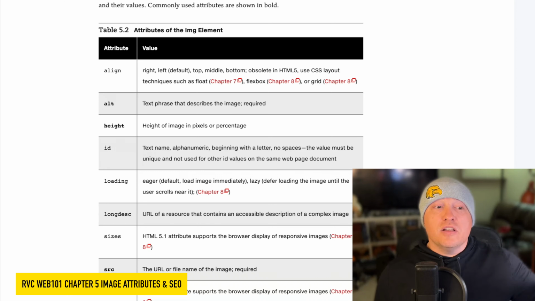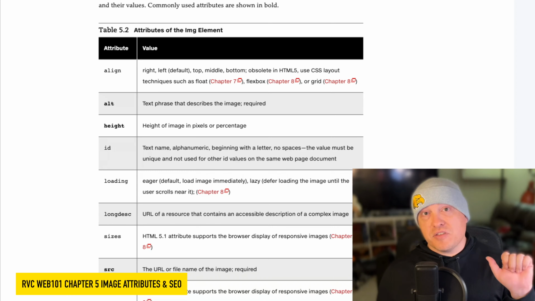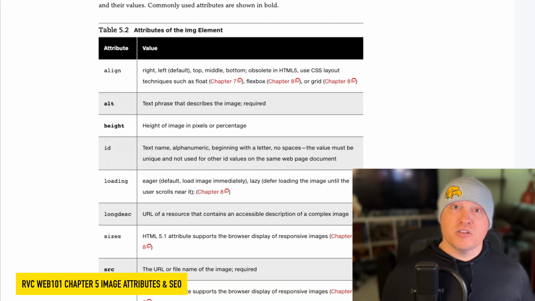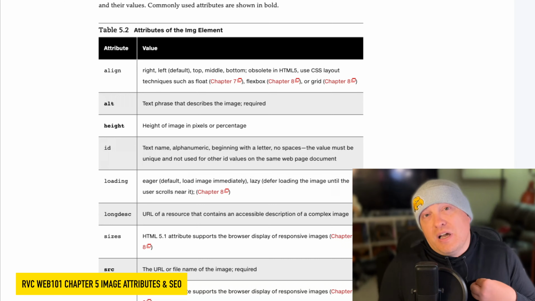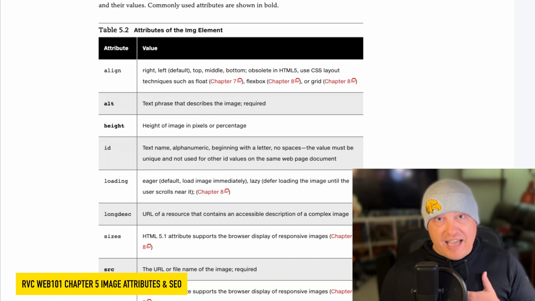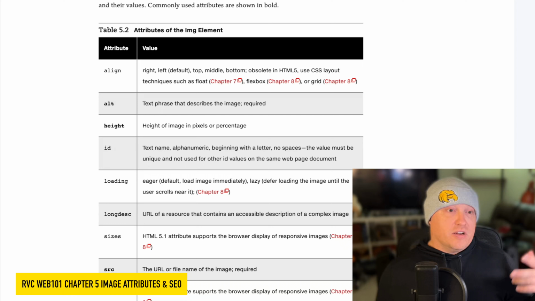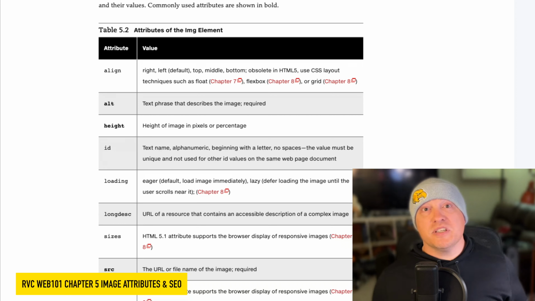So the long description gives us the ability to address search engine optimization, which is honestly the reason we even have alternate images. That's why, at its very core, yes, it is the right thing to do. And there is no gray area there. Yes, it is the right thing to do. The web should be accessible by everybody.